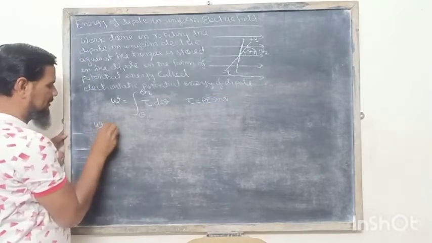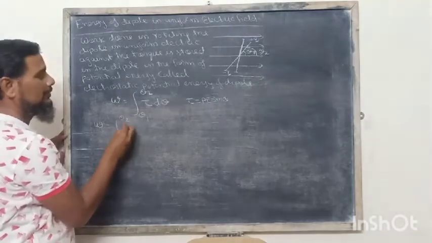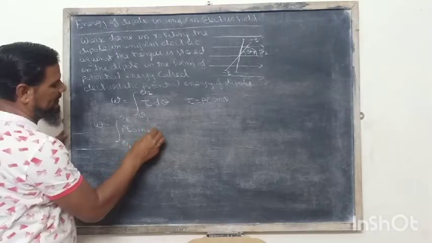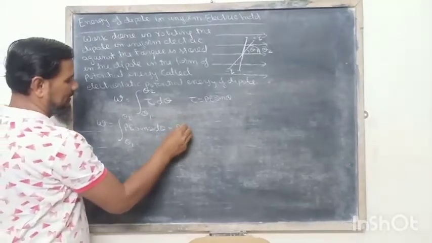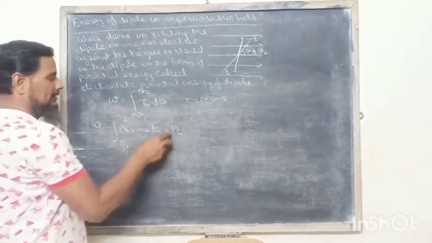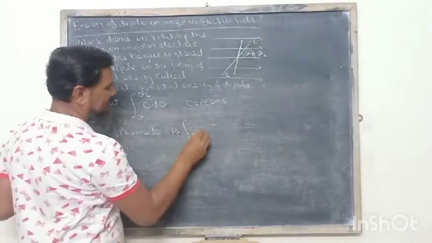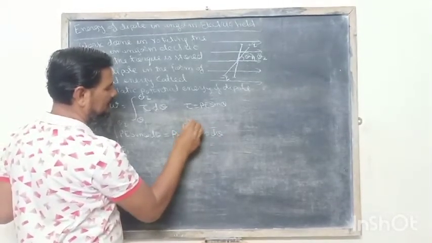So W is equal to integral theta 1 to theta 2 Pe sin theta d theta. Pe is a constant quantity, dipole moment of an electric field.